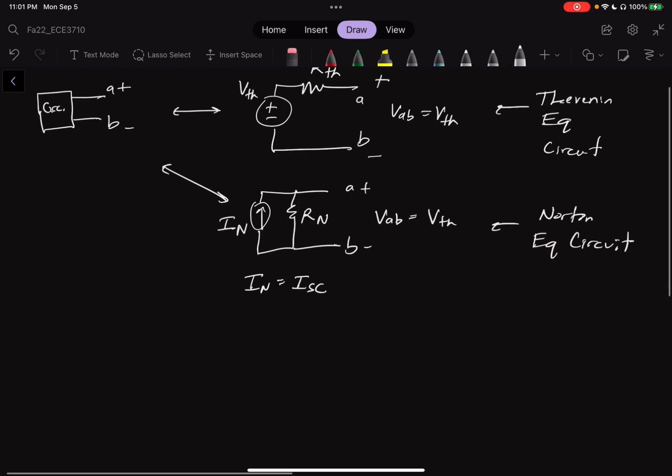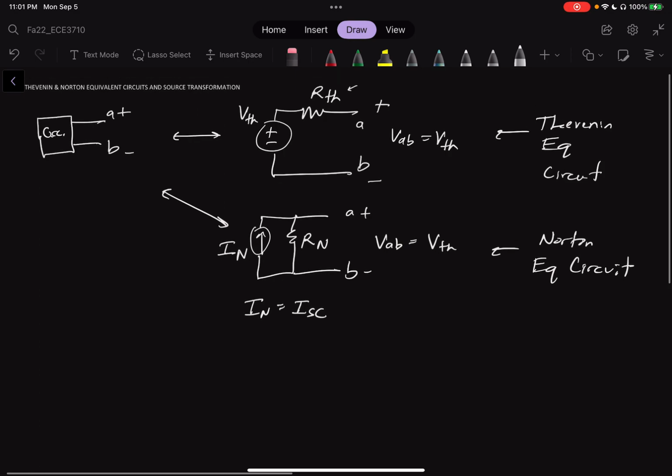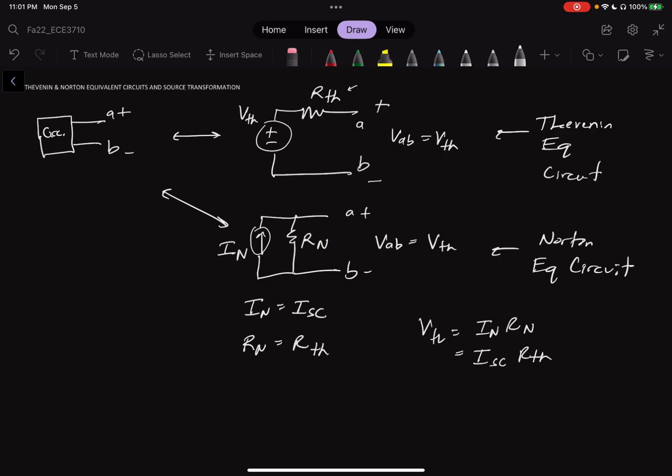Now, how are these two related to each other? Well, V Thevenin is equal to IN times Rn. You can also say is equal to ISC times R Thevenin, because IN is equal to ISC and Rn is equal to R Thevenin. This is how Thevenin equivalent and Norton equivalent circuits are related to each other.